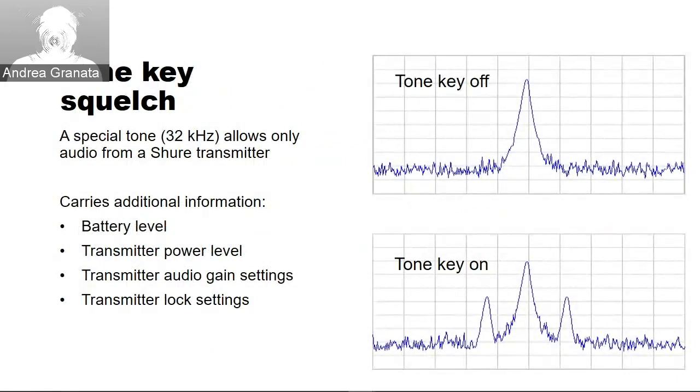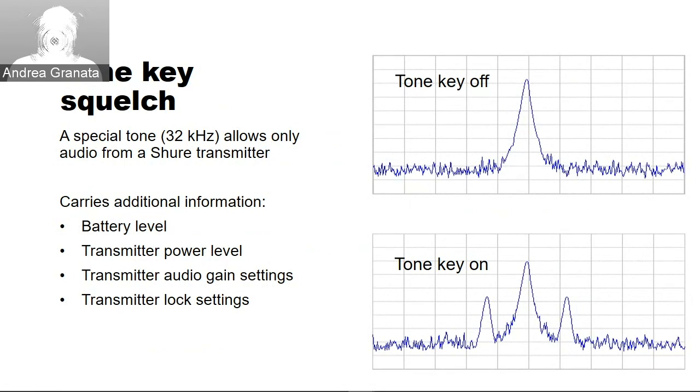Most of the time, that's different from model to model and from manufacturer to manufacturer. This is why I cannot connect the LX transmitter to an SLX receiver or vice versa, because they have a different tone key squelch.